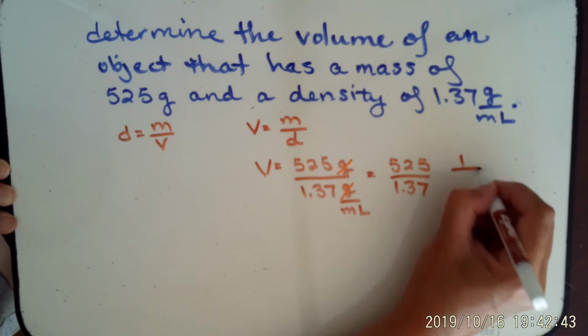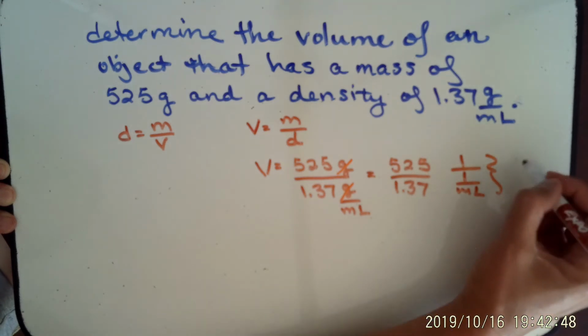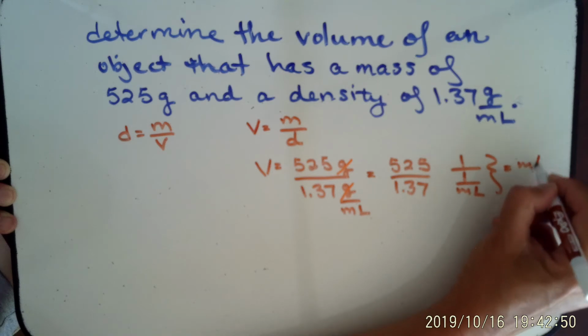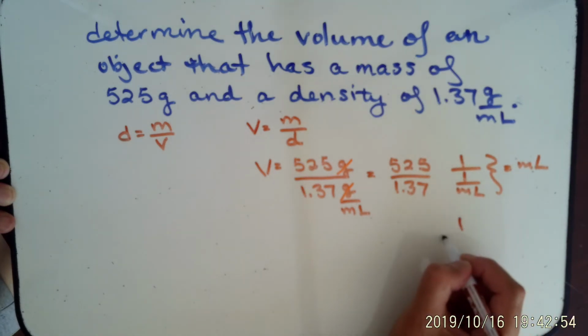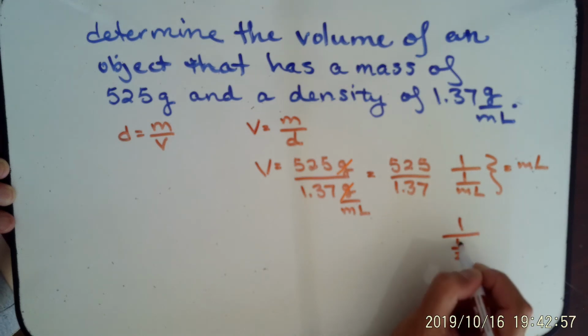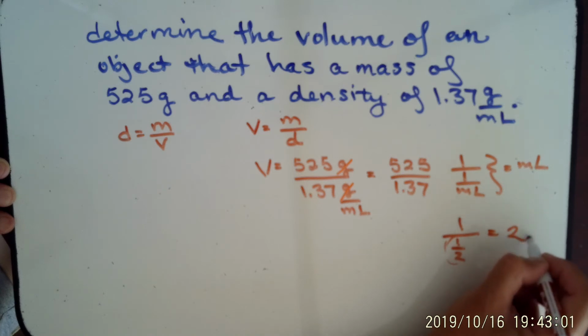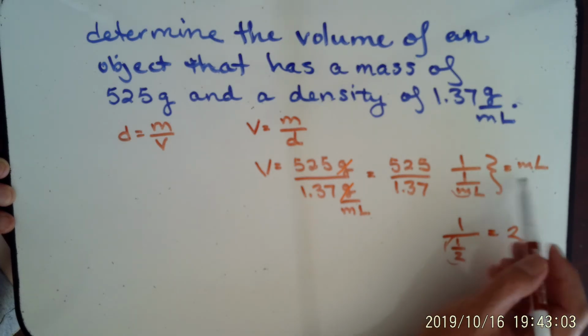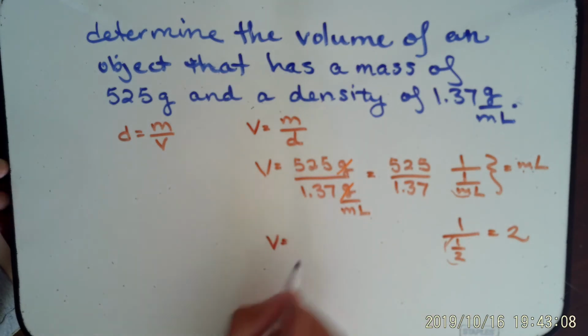This is a 1 divided by 1 over milliliter, and we know this is equal to milliliters. If you have difficulty remembering, what is 1 divided by 1/2? You take this fraction and you invert it, and that's going to be equal to 2. That's all we did, we inverted it, and that's equal to milliliters. So we know that the units are good. It's important to use your units as a guide.